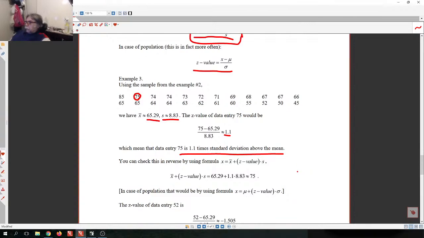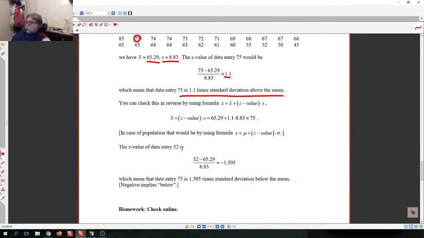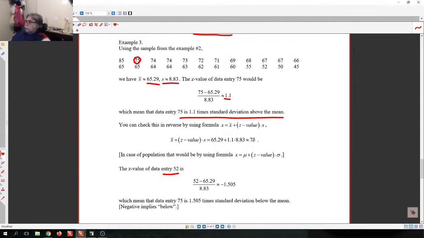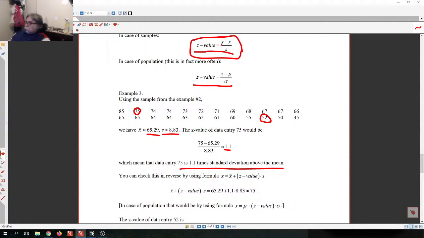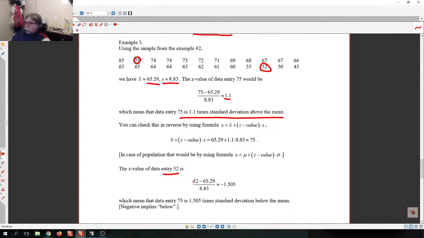Let's go and calculate another one. The z-value of data entry 52. That will be this guy here. Okay, the same formula. 52 minus the mean, divided by the standard deviation. So I have it here: 52 minus the mean, 65.29, divided by the standard deviation, which is 8.83. You basically need to calculate this with any calculator you have.